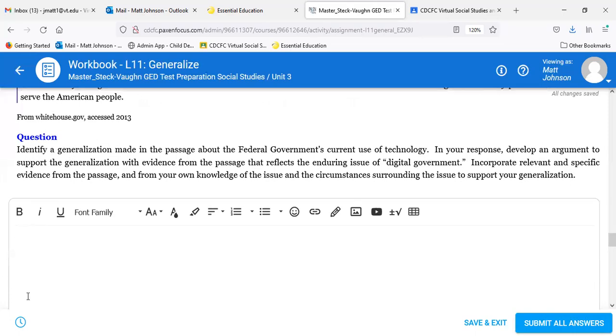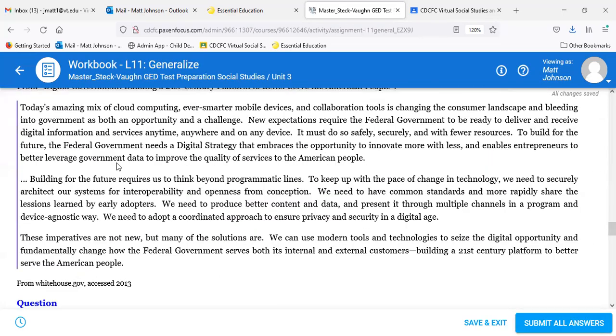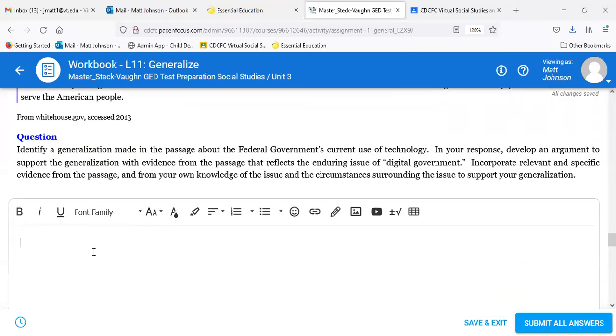Okay. So what we're seeing, the generalization that we can make here, is that the federal government is falling behind in the use of technology. That's the generalization that we can make. So we'll go ahead and type that out.